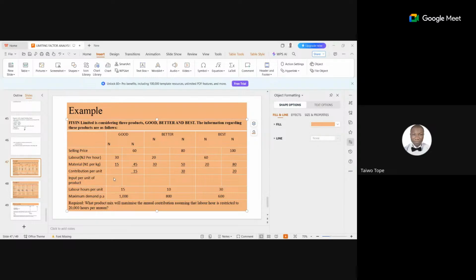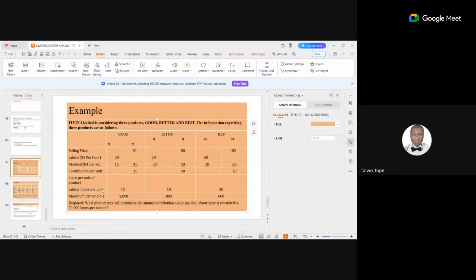So based on this question, in relation to the demand per annum for each product, what will be the total hours required? We need to compare that with what is available. So that will be a confirmation of limiting factor.